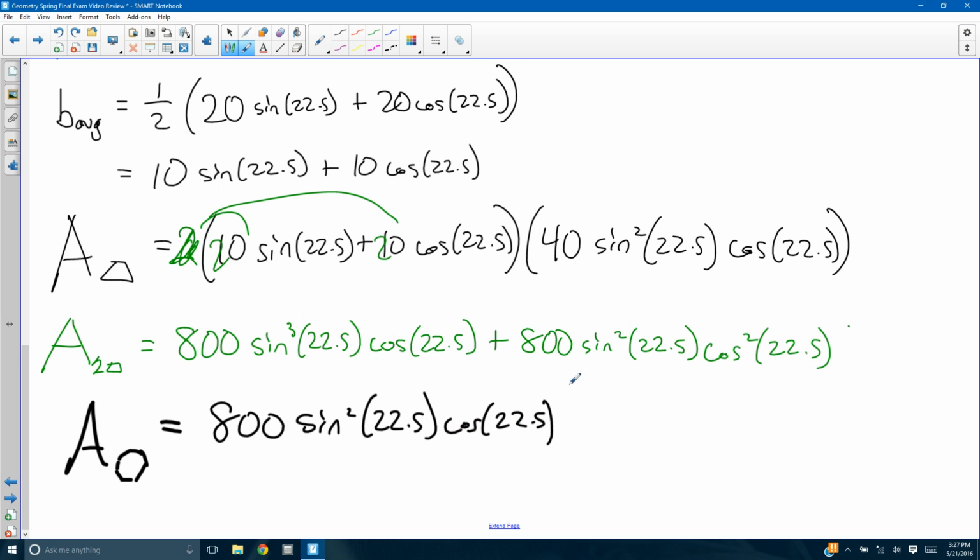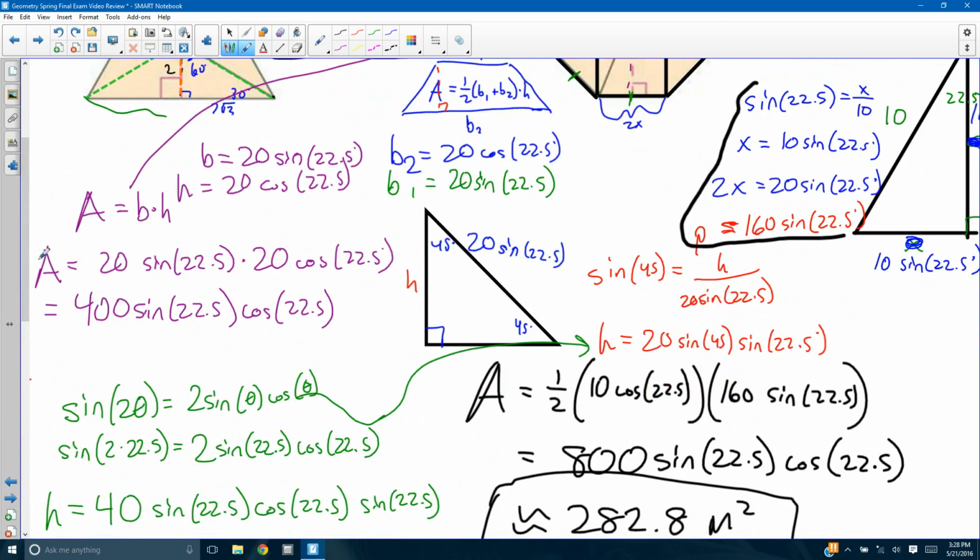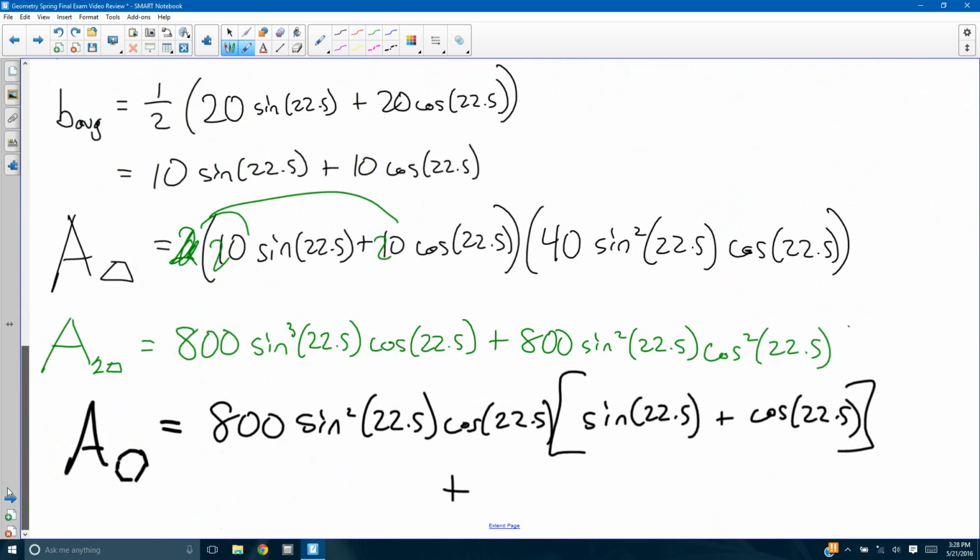And I'm left with, inside here, a sine of 22.5 plus a cosine of 22.5. Now I'm going to add that with the area of my rectangle, 400 sine 22.5 cosine 22.5.